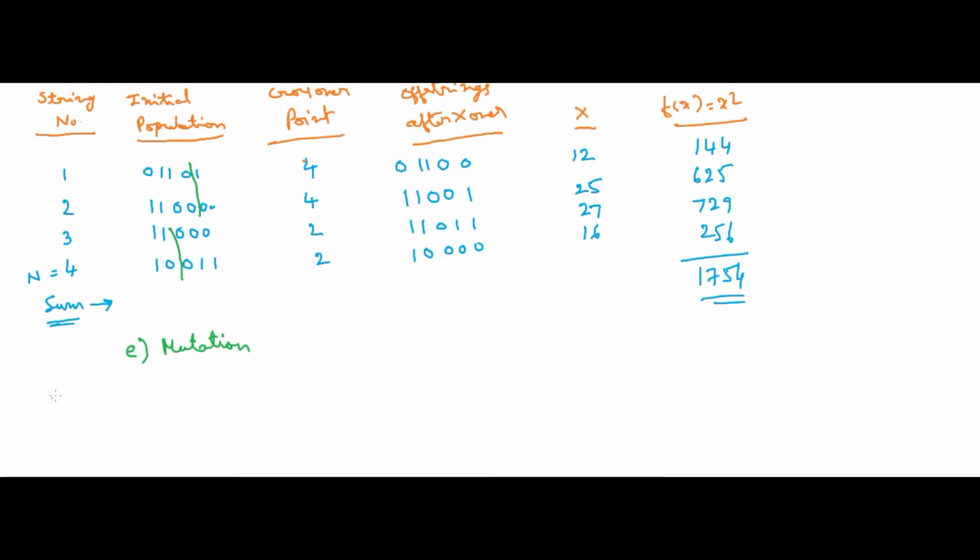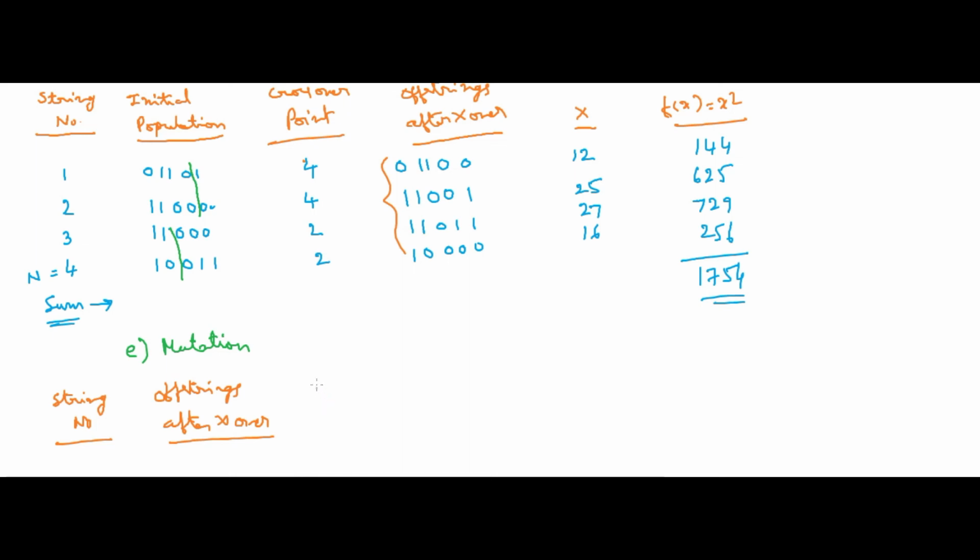First we need to write the string number. And here I need to take offspring strings after crossover because I need to take these values only.